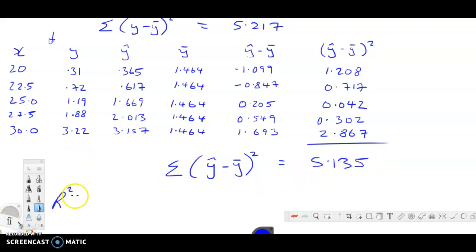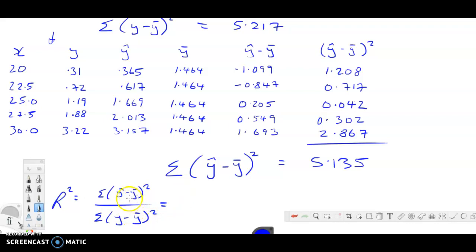So r squared, remember from before, is the summation of (y hat minus y bar) squared on top, over the summation of (y minus y bar) squared. This is the predicted variation, and this is the total variation. And we got the figures for these.